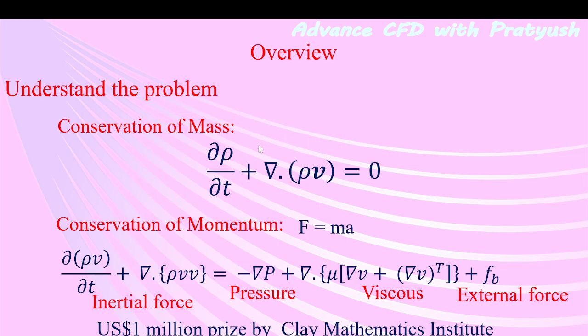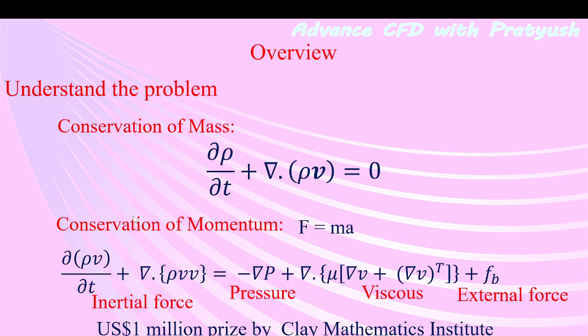Here we are following the mass conservation. Sometimes we follow the conservation of energy and conservation of momentum also. Here the conservation of mass law gives the continuity equation, that is del rho upon del t plus del dot rho v equal to 0. That is the continuity equation.